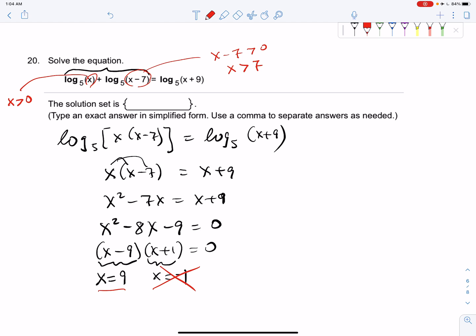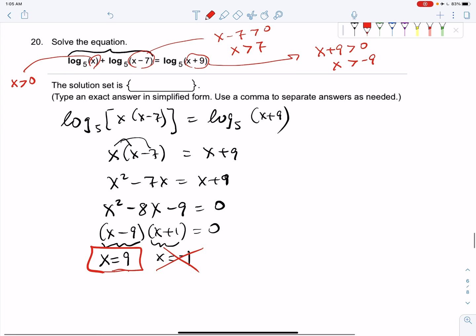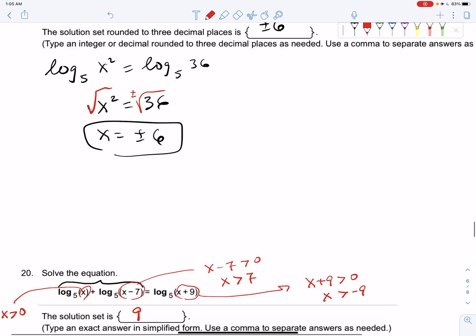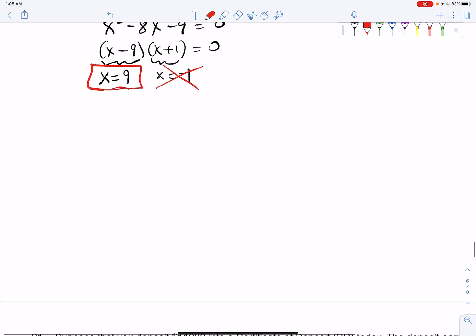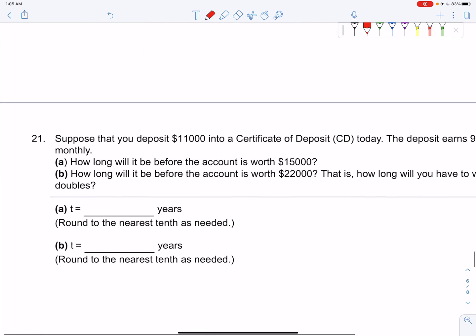And our final argument right here, this is starting to look troublesome. Are we going to have to reject? x plus 9 is greater than 0. Subtract 9 on both sides. x must be greater than negative 9. Ooh, we're okay. So x equals 9 is a valid solution, and that's the solution we type in, 9. There we go. Did we type in a solution up there? Yes, we did.